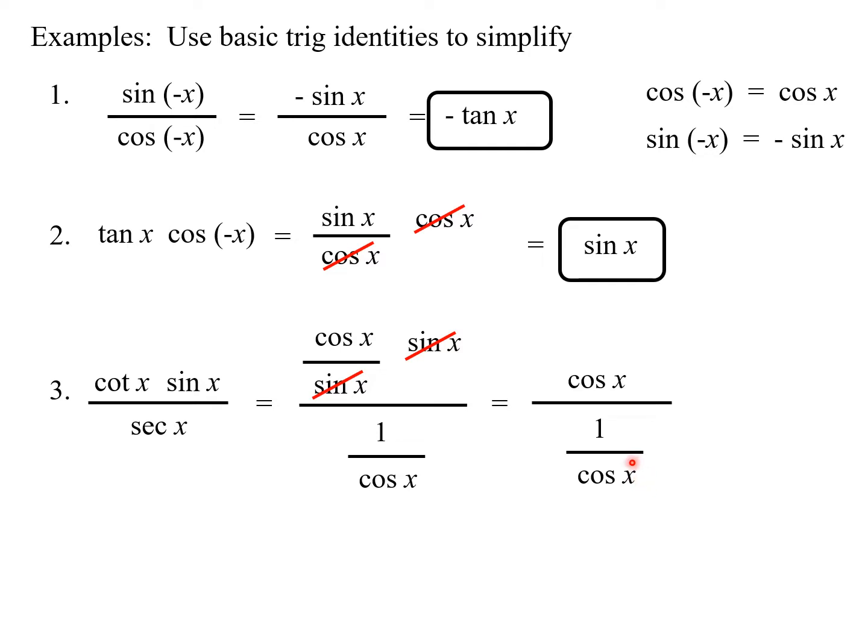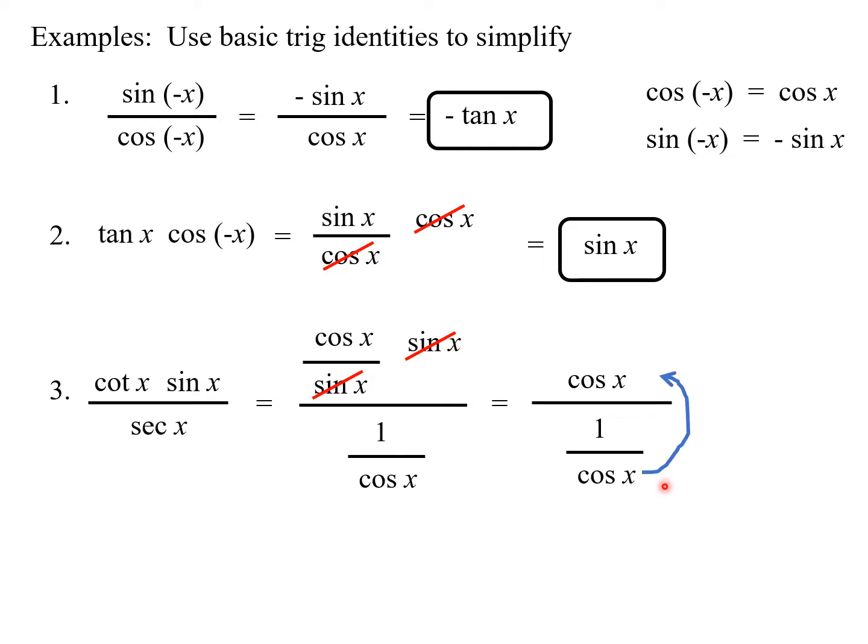Now, it's a little weird, but if we have numerators in denominators and denominators in denominators, this could really be cosine of x over 1, so I can have a numerator in the numerator and a denominator in the numerator. If you divide fractions, what ends up happening is that this cosine of x in the denominator of the denominator comes back on top.